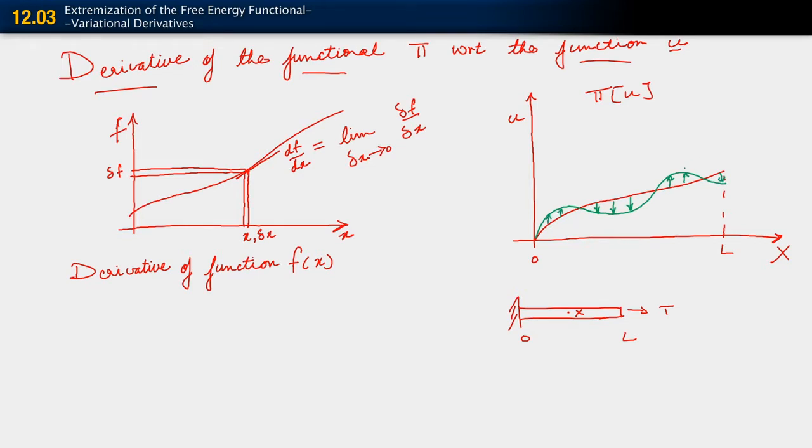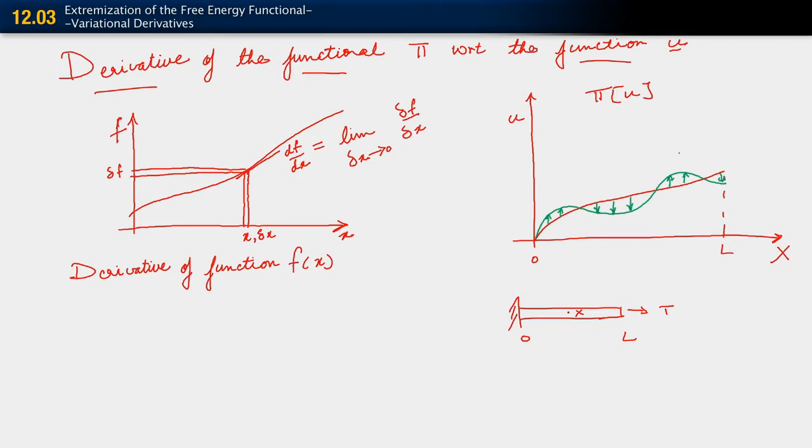I am going to say that this field that I have now is u plus some variation, and I'm going to write that variation as epsilon times w, where I'm going to just rewrite that including arguments.